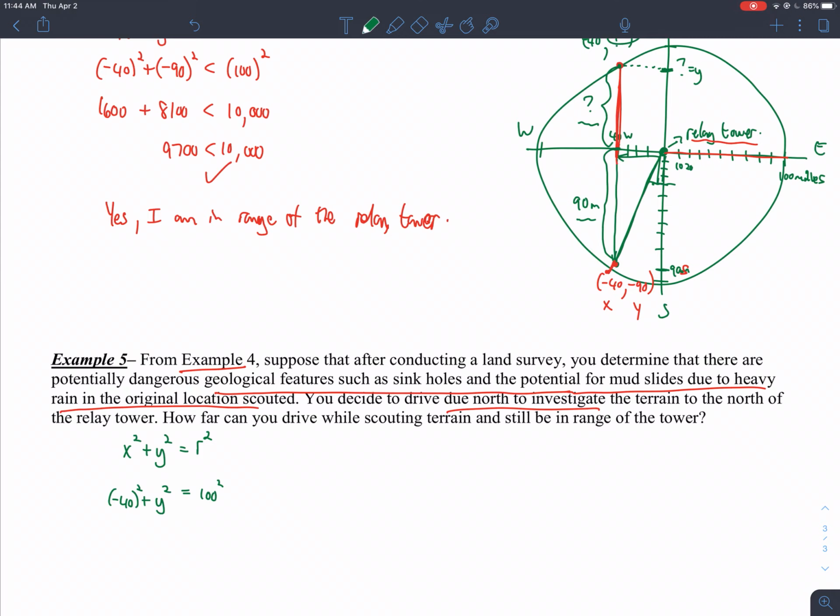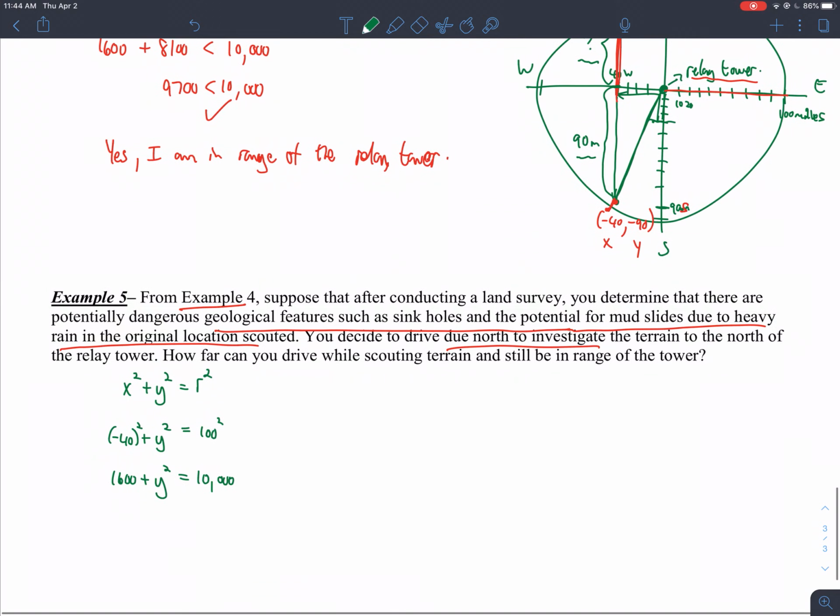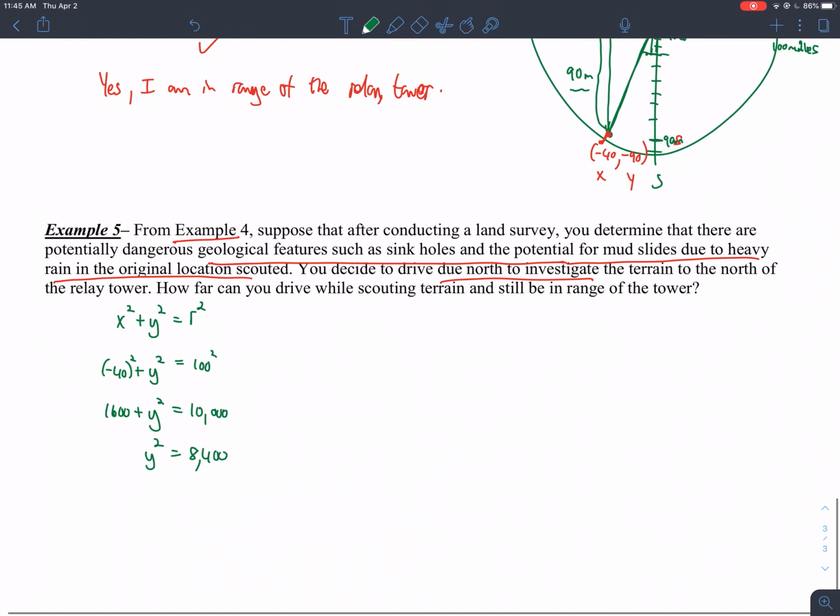I do the math here, and I get 1600, just like before. y squared equals 10,000 minus 1600, which is 8,400. Subtract that from both sides, and then to find y, I just take the square root.